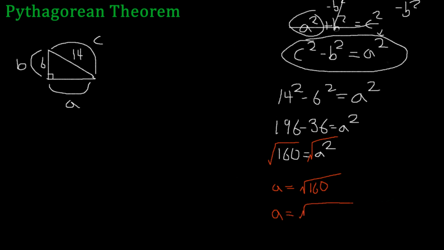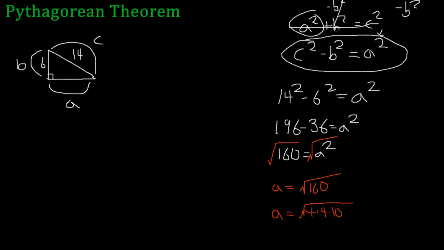So let's think of numbers. We have 1 and 160, 2 and 80, 3 and 50, nope we don't, 4 and 40, 4, 10. So 4 times 4 times 10.